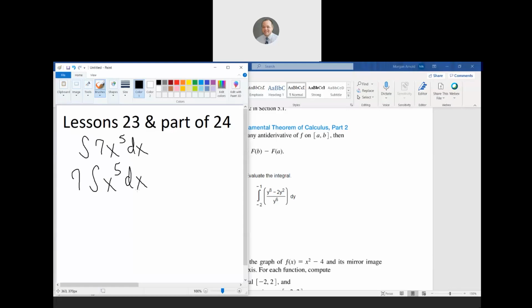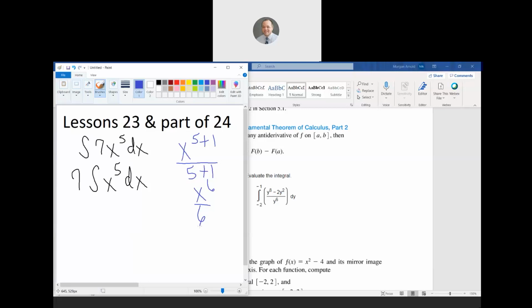Now, reversing the power rule, instead of subtracting 1 from the original exponent, as you would if you were taking the derivative, you would actually add 1 to your original exponent. And instead of multiplying, you would divide your antiderivative by your new exponent. So this will become x to the 6th power all over 6.